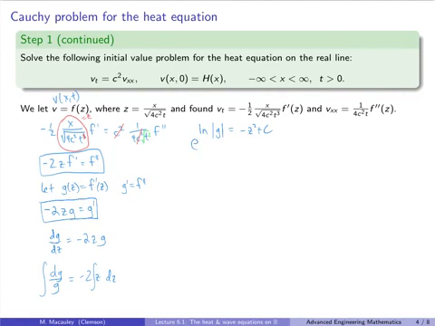Now if we exponentiate both sides, we get g of z is c1 e to the negative z squared. Of course, I'm skipping a step here, but this is child's play by now. So if g is this function, oh, I said g of t, that's just a habit.